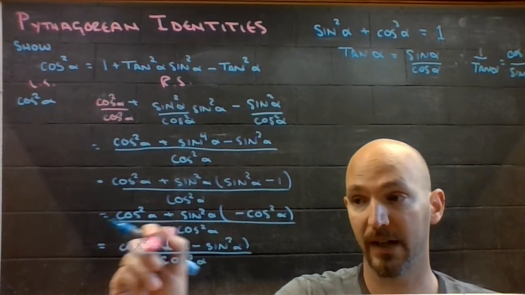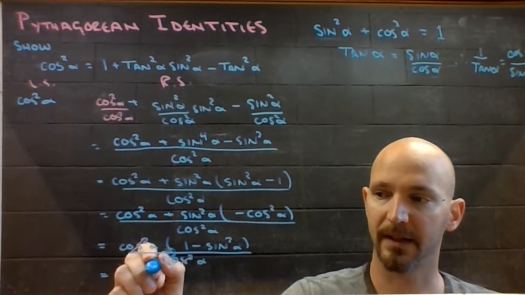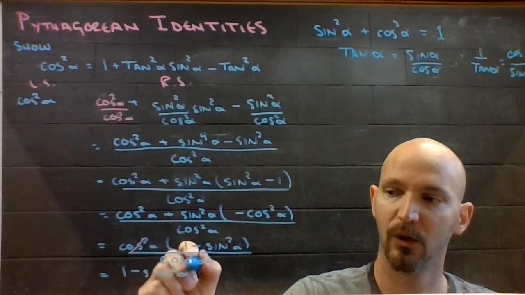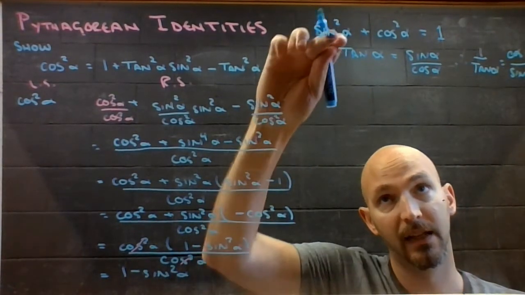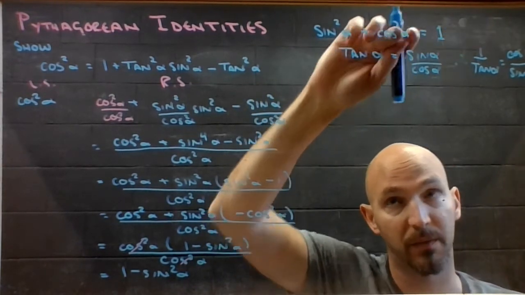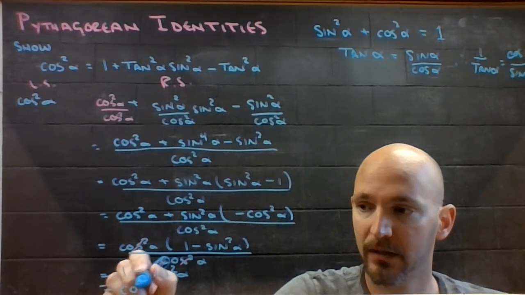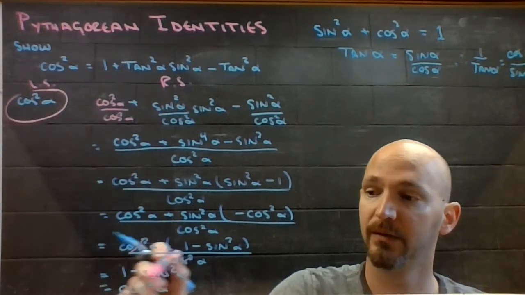Those two things divide away. And I'm left with 1 minus sine squared alpha, which is that thing that keeps showing up. It's this Pythagorean identity again, with the sine squared kicked over here. So 1 minus sine squared would be cos squared. And that is what I was trying to show.